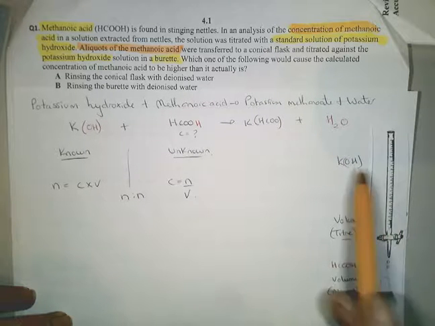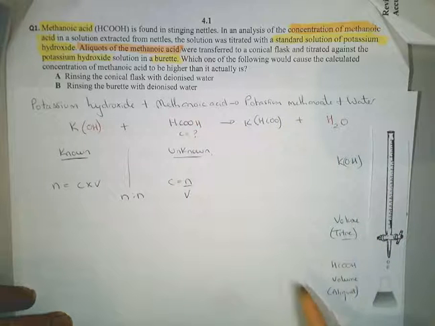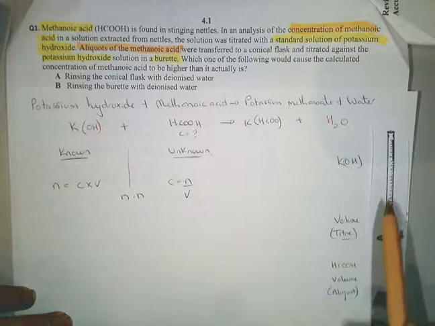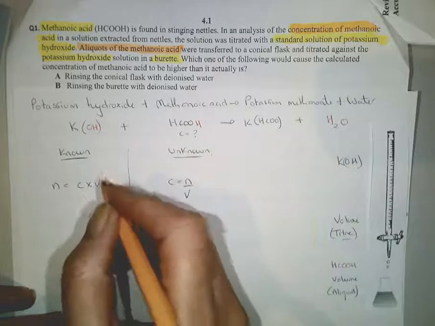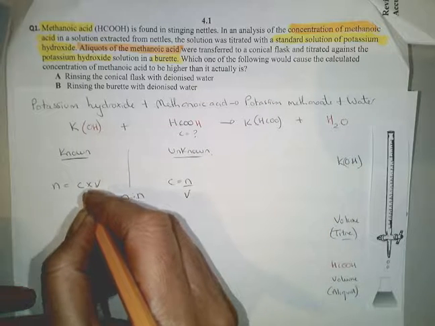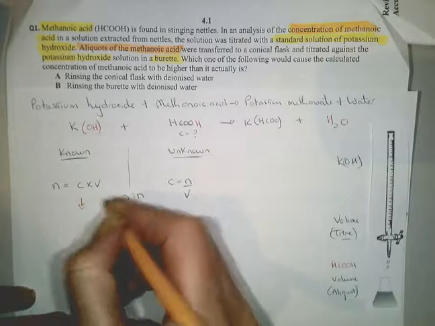So the next one, rinsing the burette with deionized water. You should always rinse the burette with whatever's going to be put in it, and the pipette with whatever's going to be put in it. So if you rinse this with water, then you dilute the potassium hydroxide, which means that the concentration of the potassium hydroxide goes down.